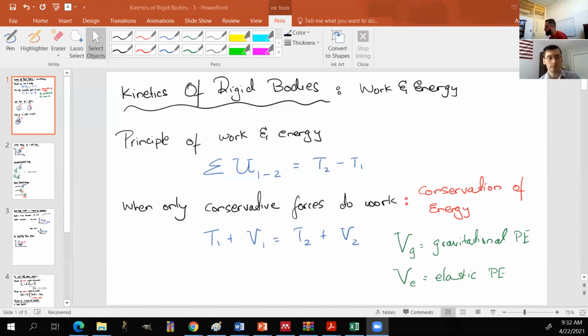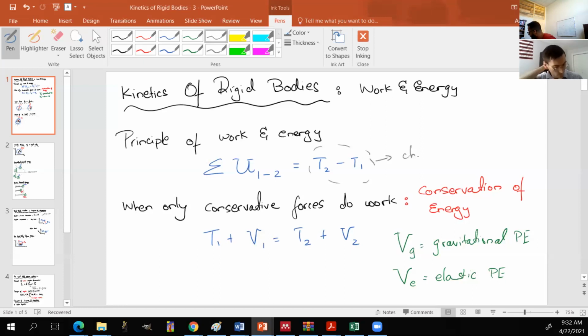All right, so principle of work and energy, just to recall what we had looked at when we looked at particles. Can you guys hear me and see the screen okay? All good, right? Okay, so principle of work and energy: the change in kinetic energy from position 1 to 2, the difference between the kinetic energies, was equal to the total work done by the external forces, right? So these formulae also apply in rigid body kinetics.